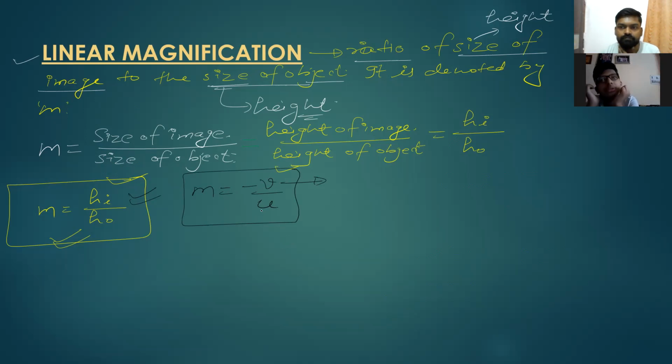Distance of the image. From which point is it taken? From P, the pole of mirror, because pole of mirror is treated as origin and all the distances are taken from origin.